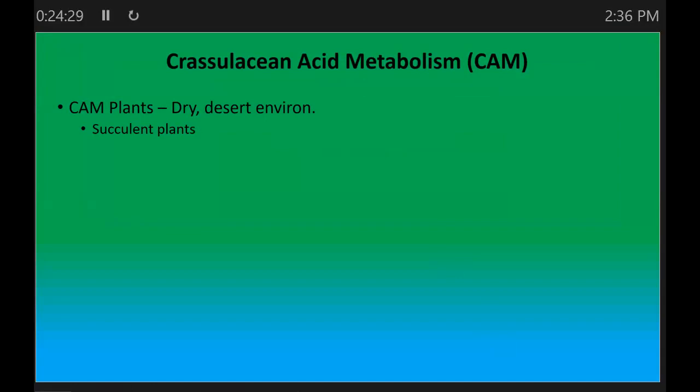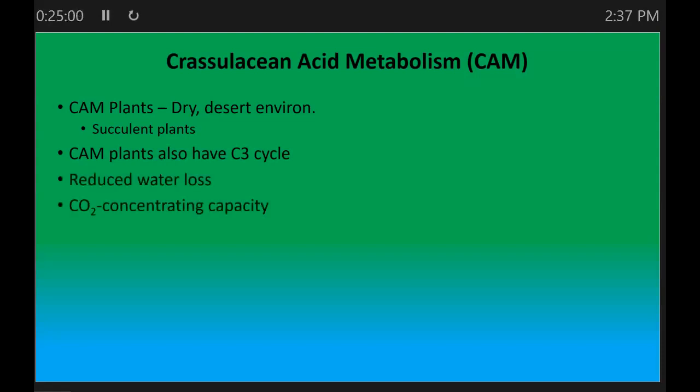Unfortunately, they named it too soon because now we know non-Crassulaceae family plants can also do this, but the name had already stuck. So that's the origin of it. So yes, a lot of succulent plants will do CAM, but there's other non-succulent plants as well. And remember, every plant has a C3. It's just that this CAM cycle is kind of tacked on top of it.